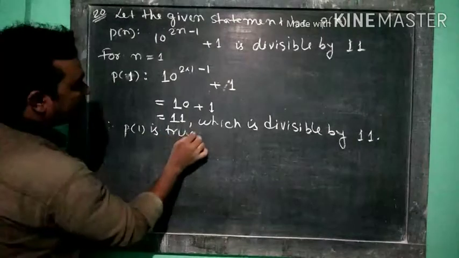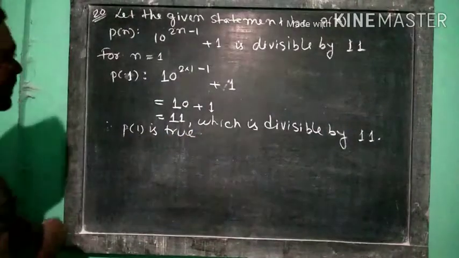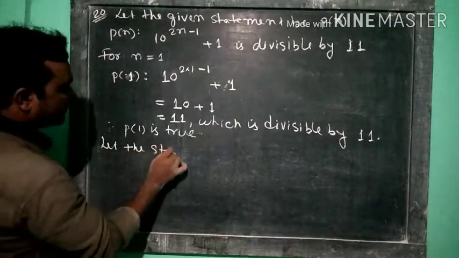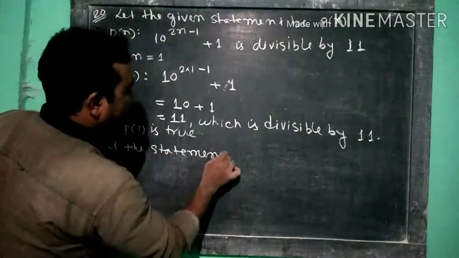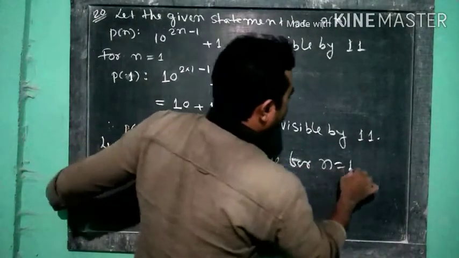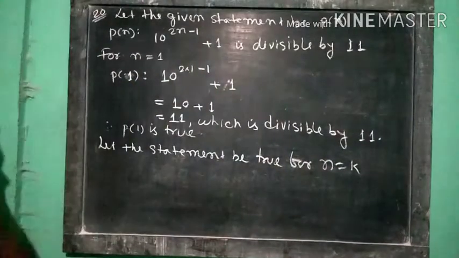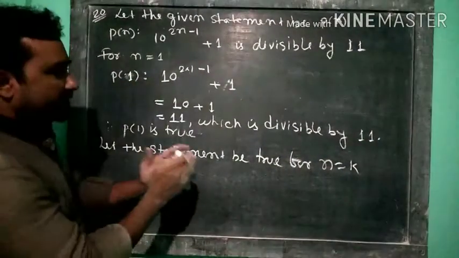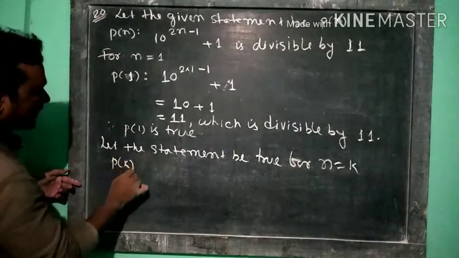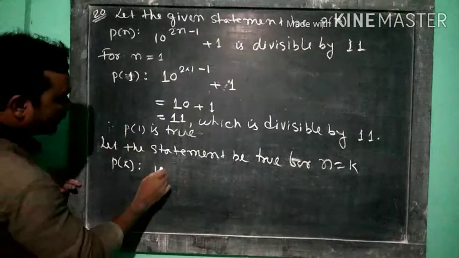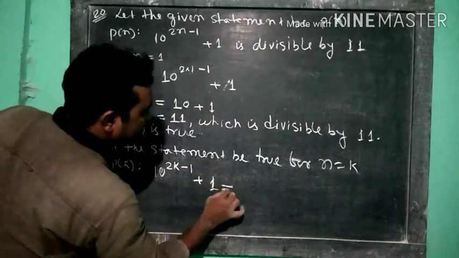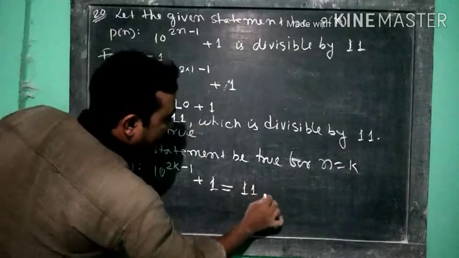So P of 1 is true. Step 2: let the statement be true for n equal to k. We assume the statement is true for n equal to k. Then we can write P of k such that 10 to the power 2k minus 1 plus 1 is equal to 11 lambda.